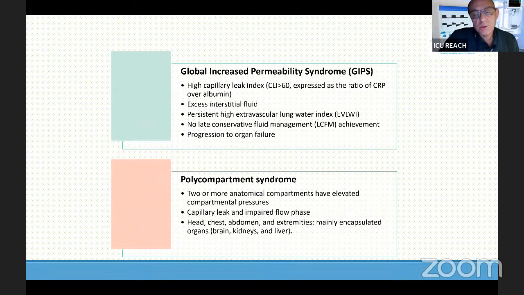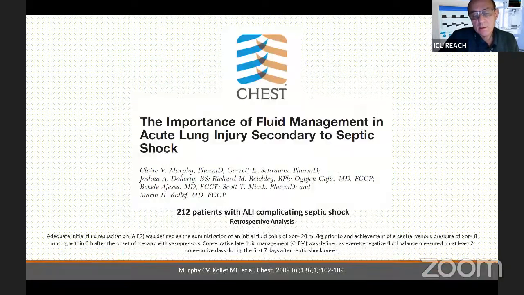And the data shows, this is retrospective data, that those patients who have fluid accumulation syndrome have worse outcome.